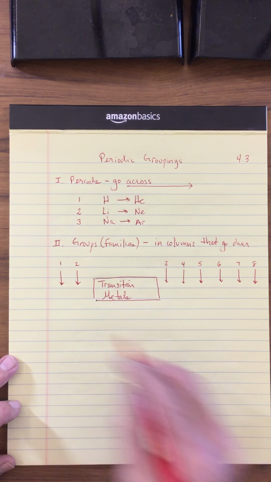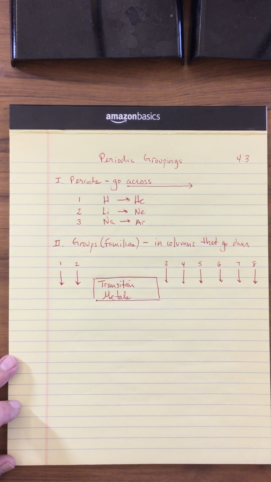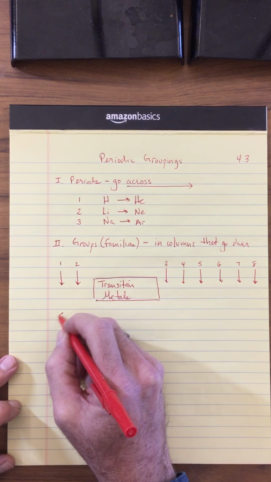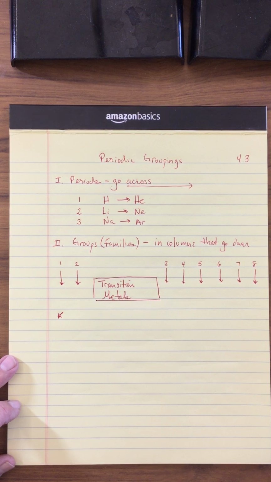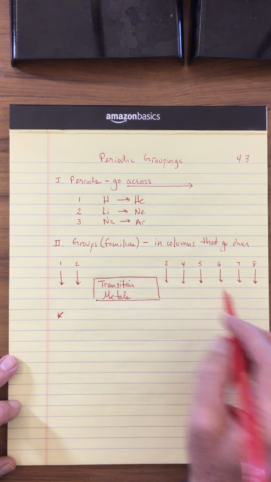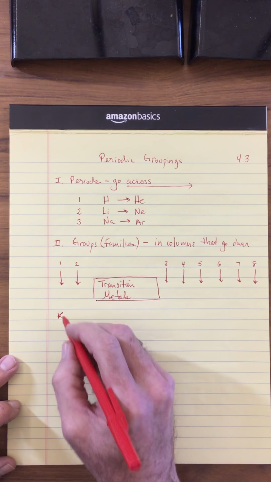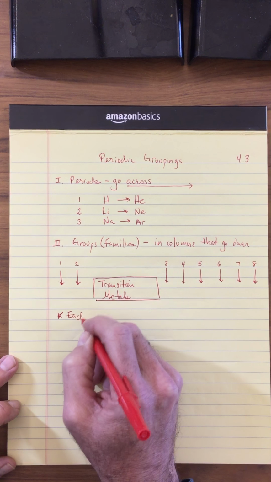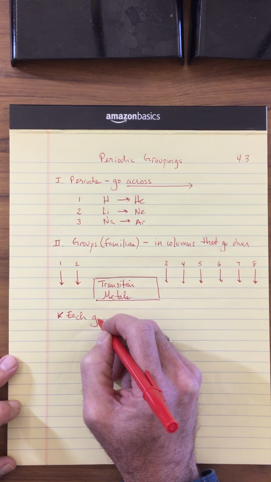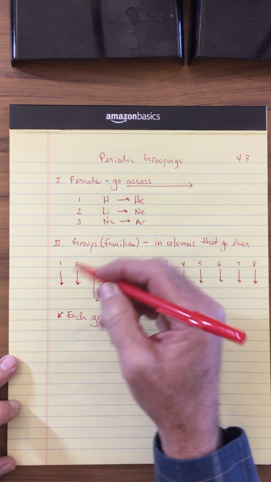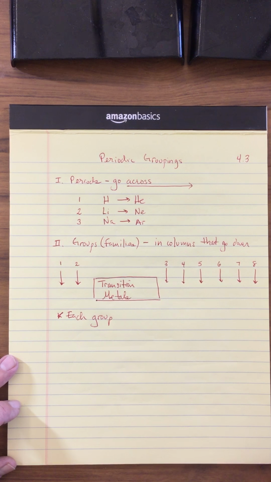So the significance of your groups, and this is the order of the periodic table, there's two main things to take from this. And that is that each group has the same number of outer electrons. So all the elements in that group have the same number of outer electrons.